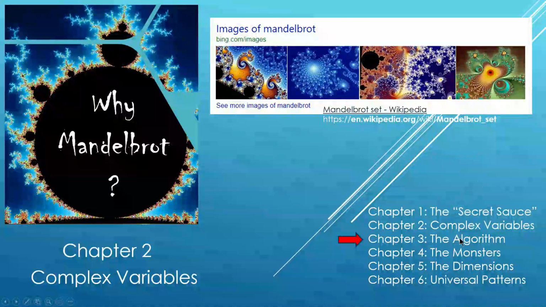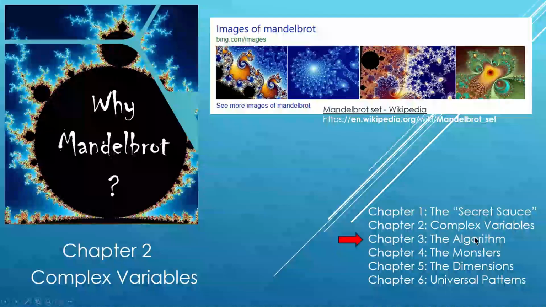Now we're going to get into the algorithm, which is basically primarily oriented if you want to do a software program on your own, to do your own graphics, or if you want to take a software program and implement it in your own way, changing your own parameters. These are the kinds of things we're going to be talking about here. This won't be esoteric.